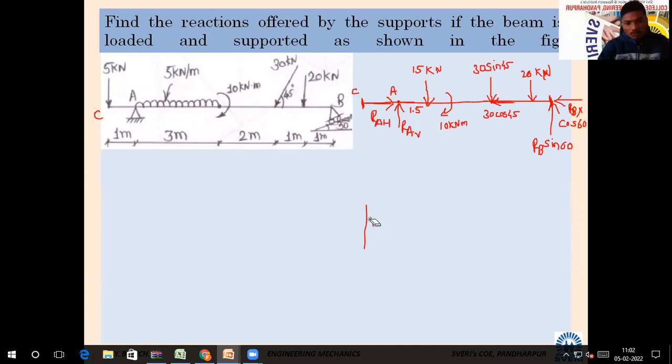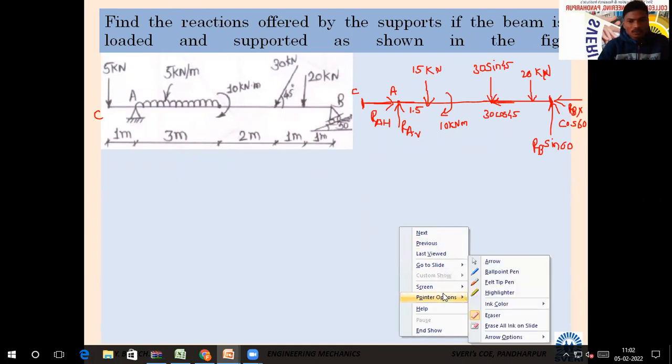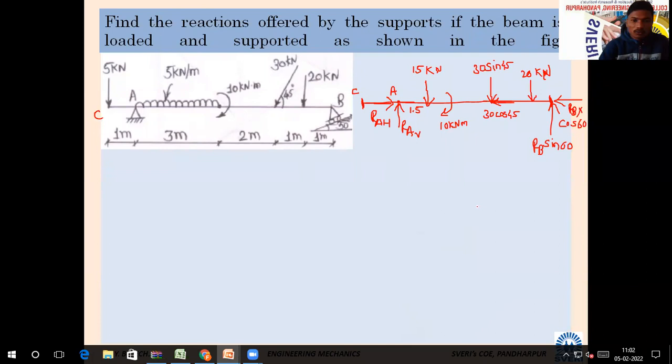So is it possible to solve this problem? Yes, sir. Sir, a 5 kilonewton force was given at C. Yes, that remained. Very good. So at point C a 5 kilonewton force is still there. Will you solve this as homework? Yes, sir.